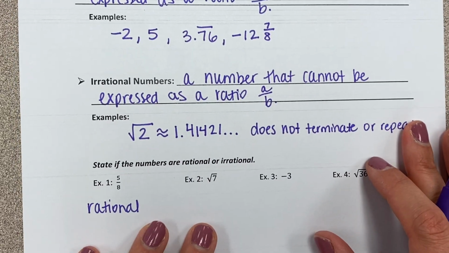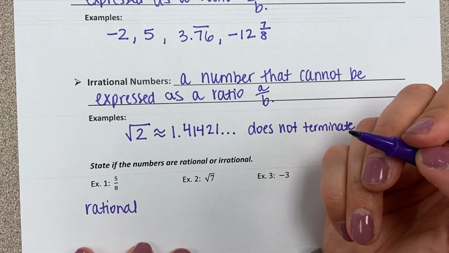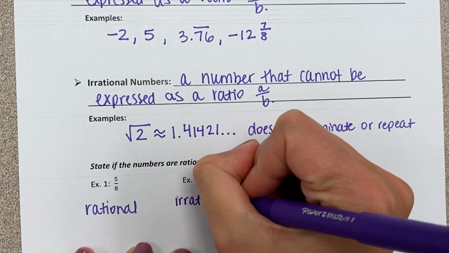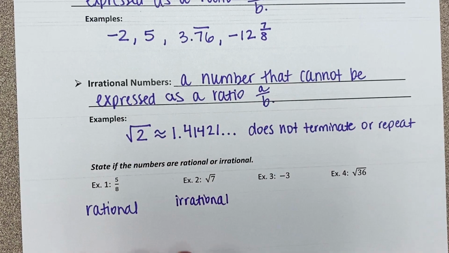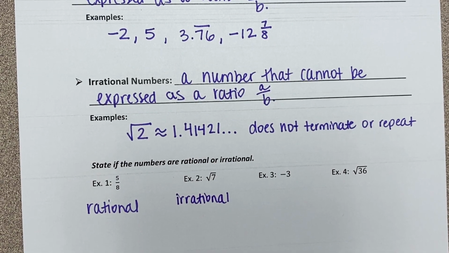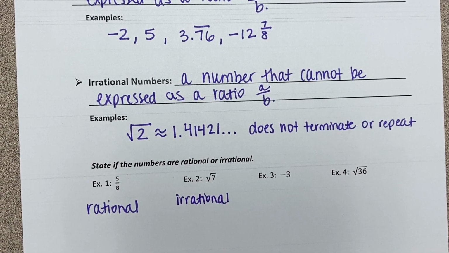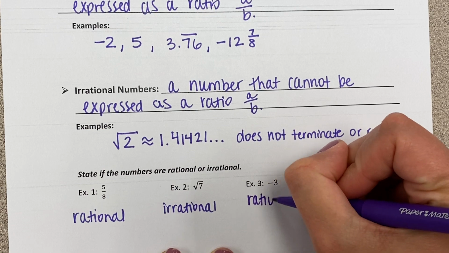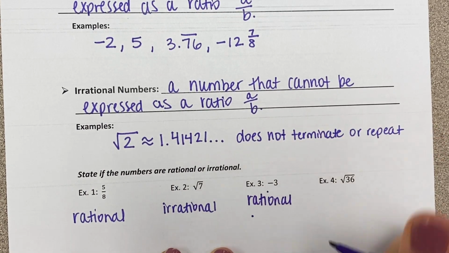Square root of 7. When you do this in your calculator, you will get irrational because it is a decimal that just has no pattern. It just keeps going and there's no pattern. -3. Well, first of all, we know it's rational. And it is something else.